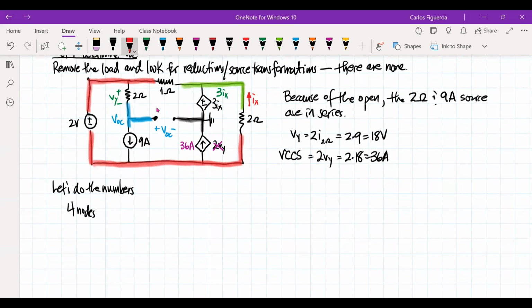So let's call this V1 and that V2, plus the blue and the green, minus 2 sources. So that tells me I have 2 nodes. If I look at this, you could see that my super node is then going to go right here.